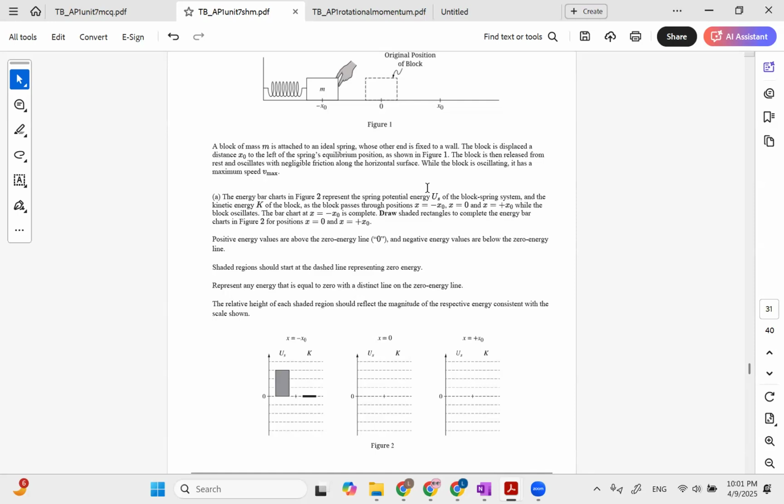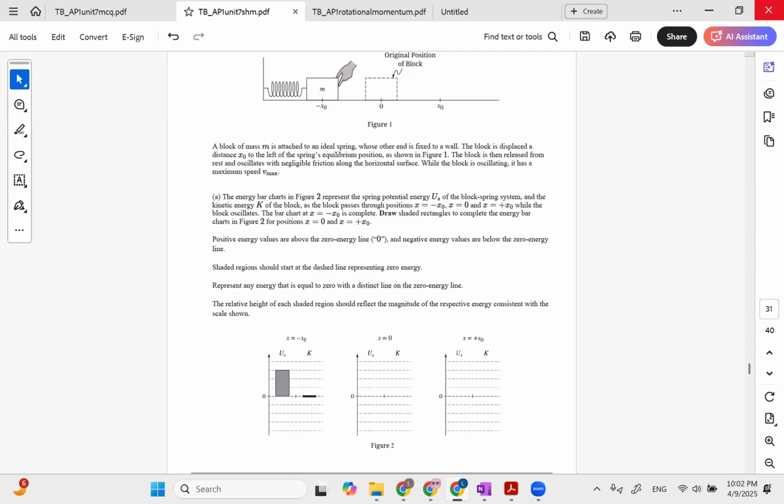Nana, you can help read this question? A block of mass m is attached to an ideal spring whose other end is fixed to a wall. The block is displaced at distance x naught to the left of the spring's equilibrium position, as shown in figure 1. The block is then released from rest and oscillates with negligible friction along the horizontal surface.